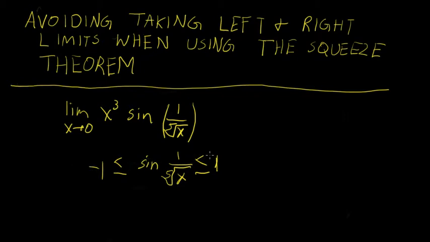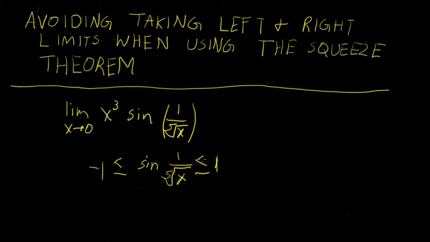But in the previous video, when we multiplied each portion of the inequality by x cubed, depending upon whether x was approaching 0 from the left or the right, we'd multiply by either a negative number or a positive number. Multiplying by a negative number changes the direction of the inequality, but when we multiply by a positive number, the direction of the inequality remains the same.